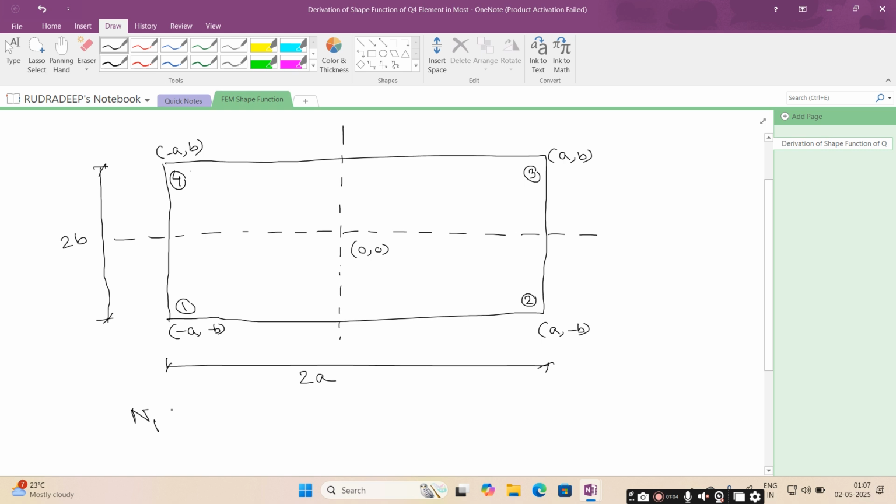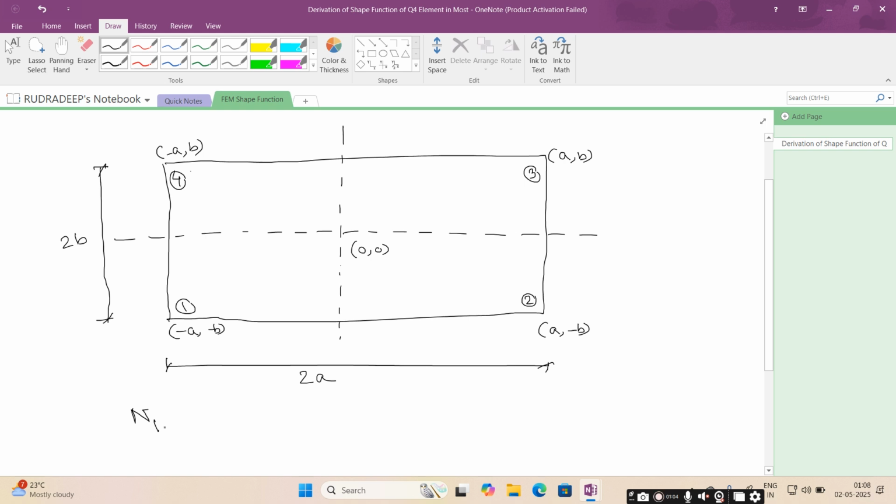If you know something about shape functions, that is okay, but if you forgot how to derive them, you don't have to remember anything to derive the shape function. Just you have to draw this quadrilateral in the correct way.